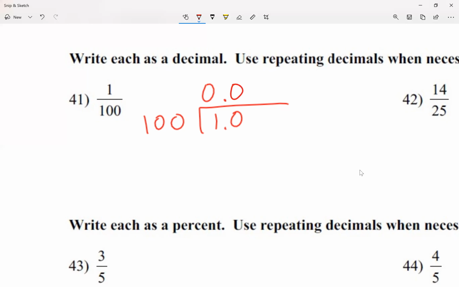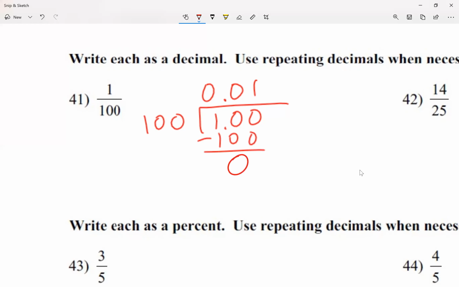So let me put another 0 here, and another 0 here. How many times does 100 go into 100? Well, 1 time, because 1 times 100 is 100. When I subtract this, I get nothing. I stop once my remainder is 0. And my answer in this case would be 0.01.